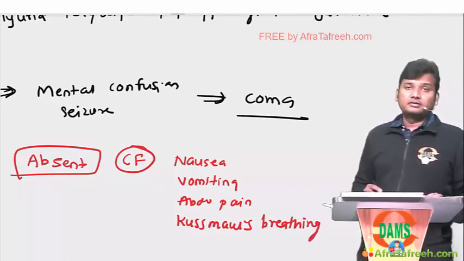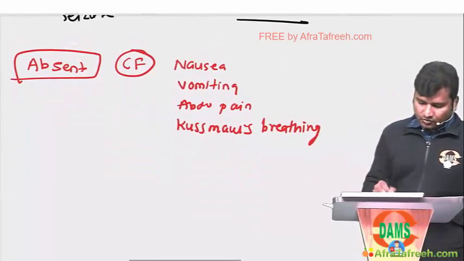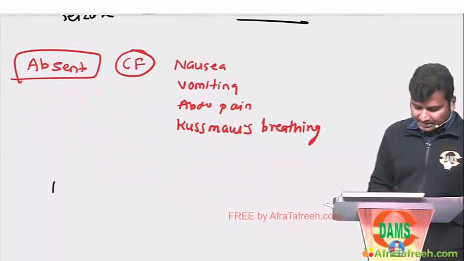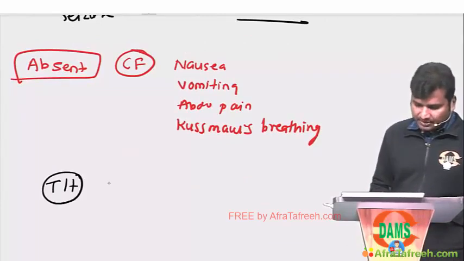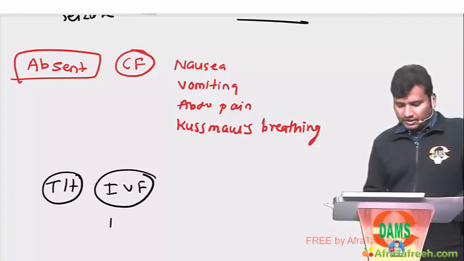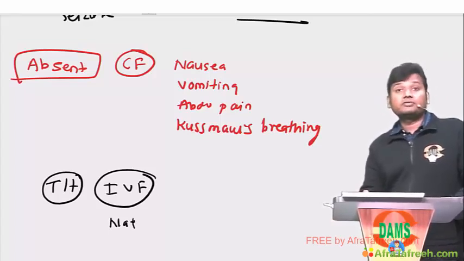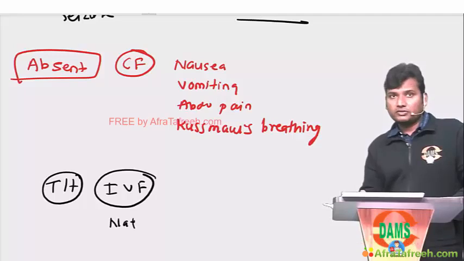Reason, ketones are absent. Okay, now the treatment of HHS is similar to diabetic ketoacidosis, that is, we will give a lot of IV fluids, then we will monitor sodium level. If sodium level increases, then we will give 0.45% normal saline.